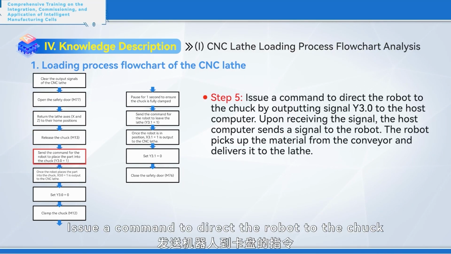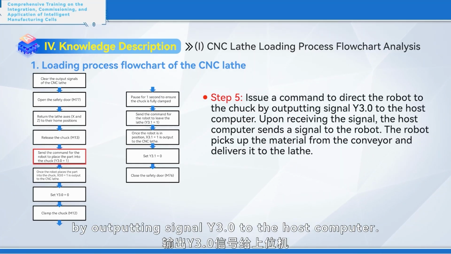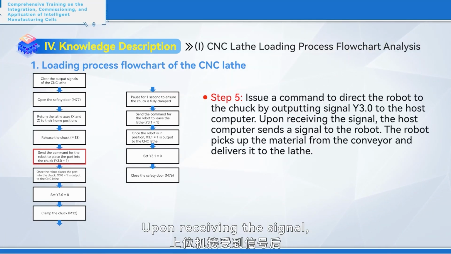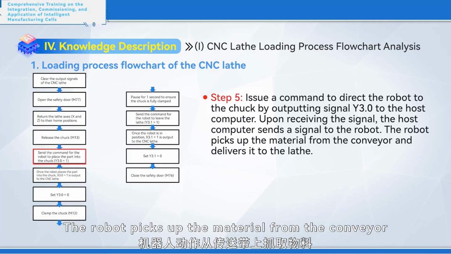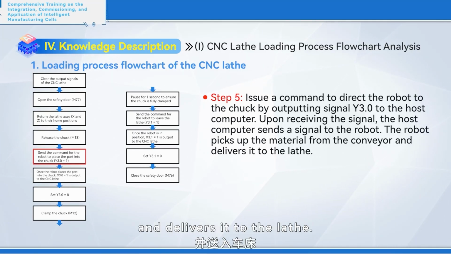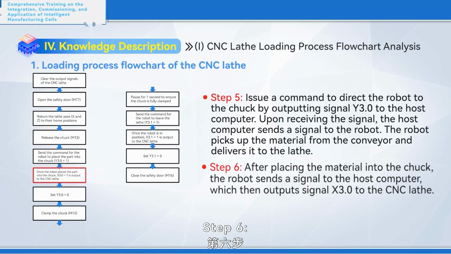Step 5. Issue a command to direct the robot to the chuck by outputting signal Y3.0 to the host computer. Upon receiving the signal, the host computer sends a signal to the robot. The robot picks up the material from the conveyor and delivers it to the lathe. Step 6.